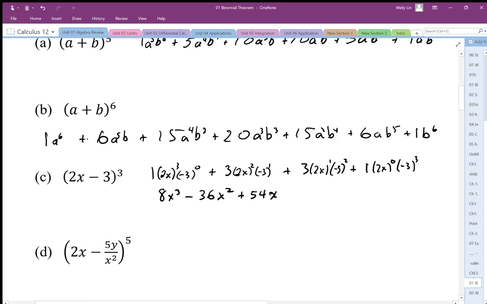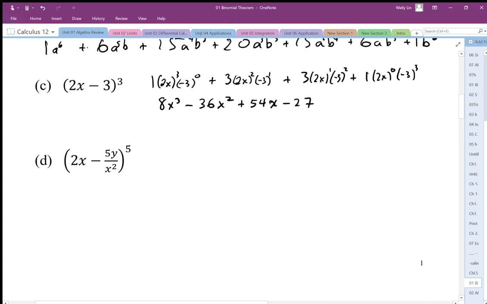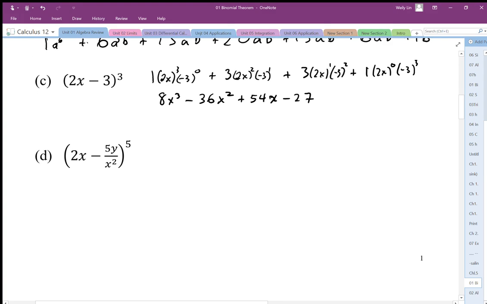Okay, plus that last term is going to be minus 27, or negative 3 cubed. Okay, so this is how we can expand these without having to do all this FOIL and collecting like terms.